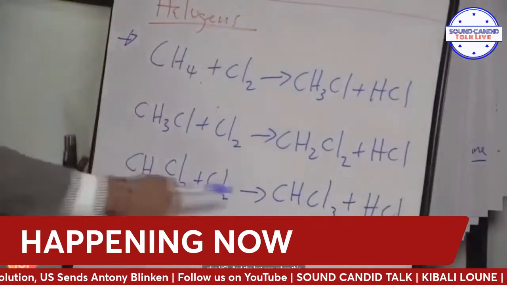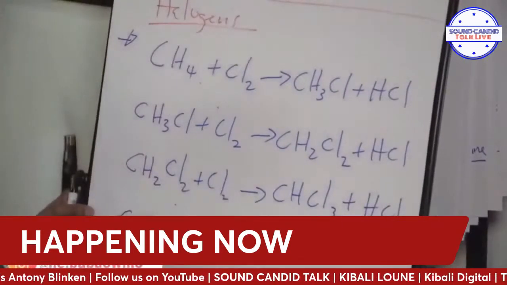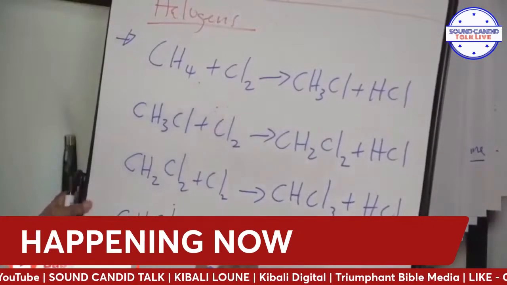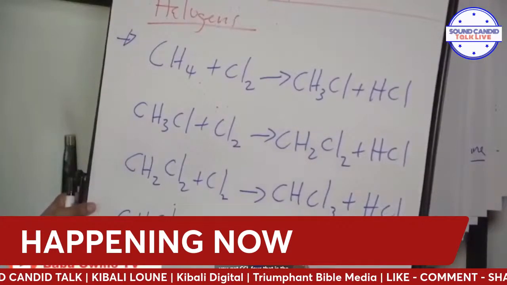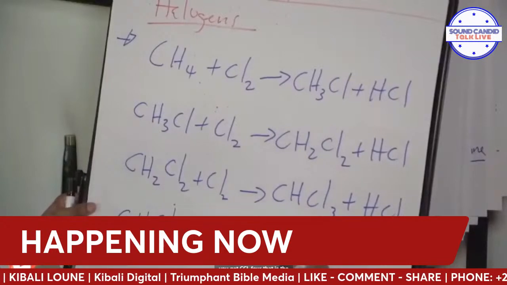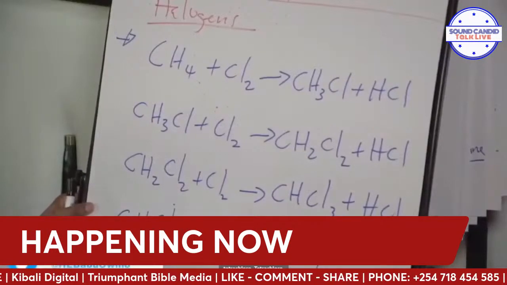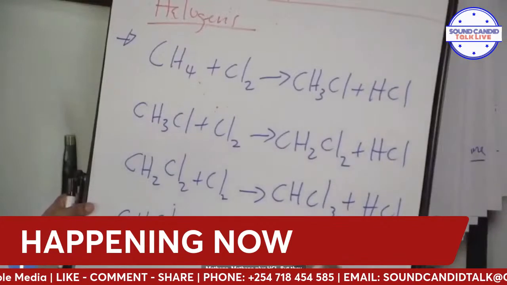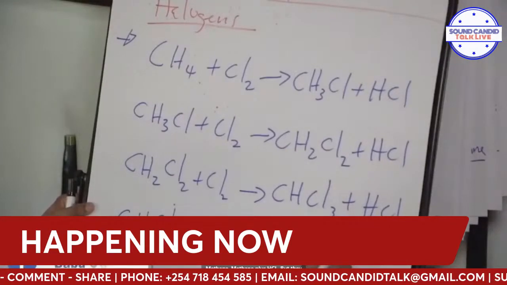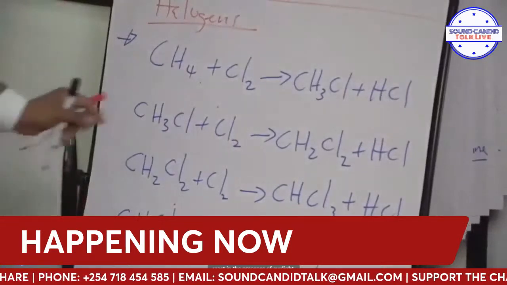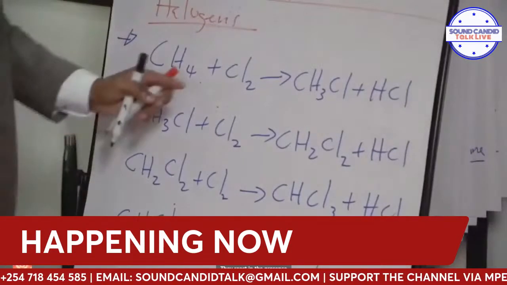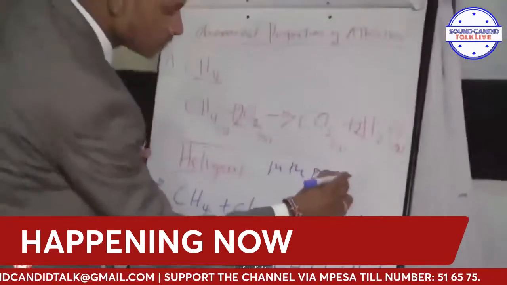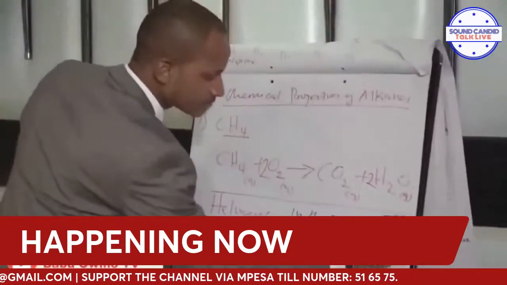And the last one, when this reacts with chlorine, you get CCl4, that is tetrachloromethane, plus HCl. But they react in the presence of sunlight.